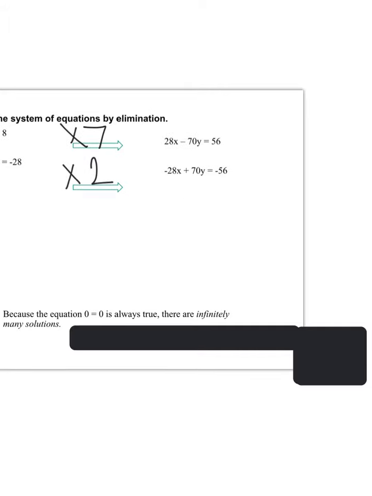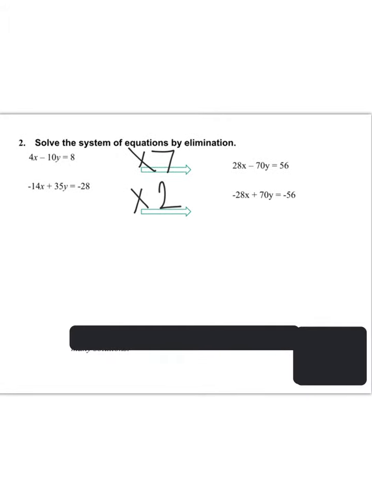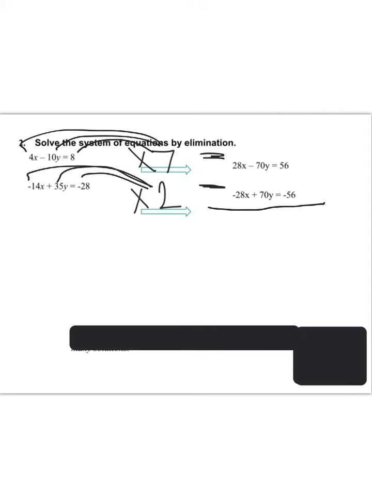Hopefully you can see how I distributed the 7 to each of the terms, and I also distributed the 2 to each of the terms to get my new equations. Now the next step said we needed to add our new equations. So 28x minus 28x is 0, and negative 70y plus 70y is also 0, and 56 plus a negative 56 is 0.